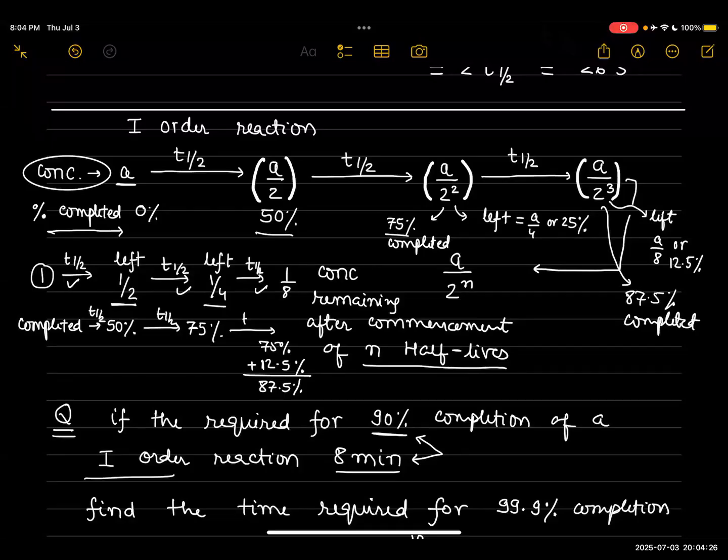After one half-life, 50% is completed. After two half-lives, 75% is completed. And after three half-lives, 87.5% is completed. So this is how much is completed, and how much is left, you can subtract from 100. Is it clear?